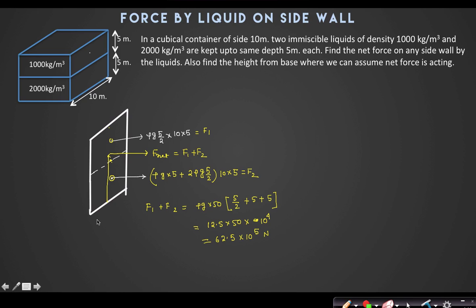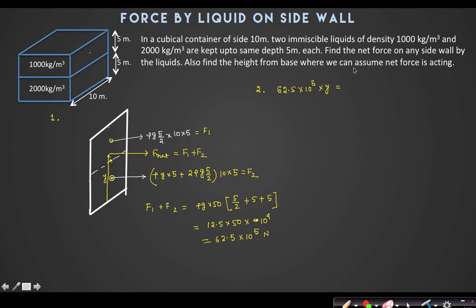Yes or no? Yes, sir. So try to understand the equation that I am going to write now. Torque of the net force, which is 62.5 into 10 power 5 into, suppose this distance is y, is equal to the torques of F1 and F2. The centers of F1 and F2, I do not know.